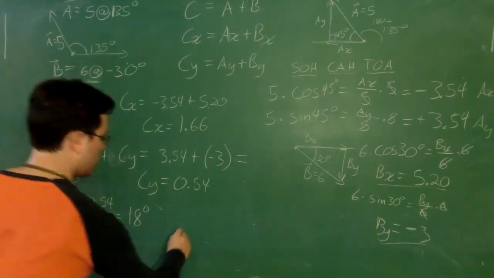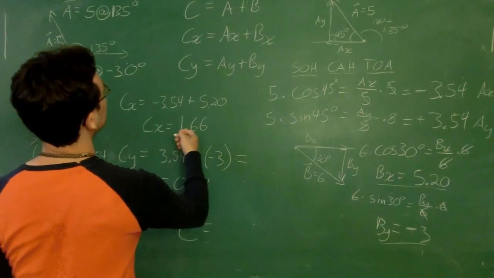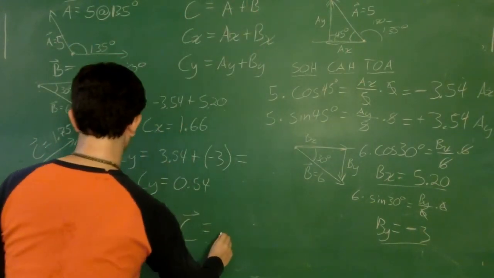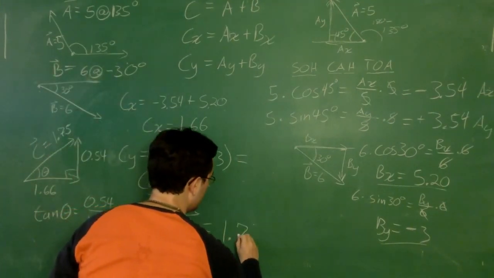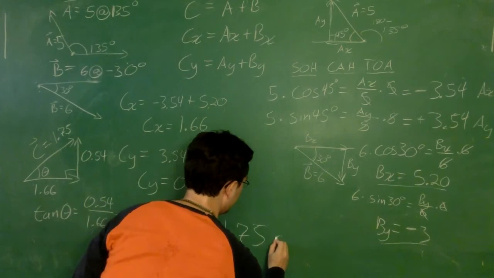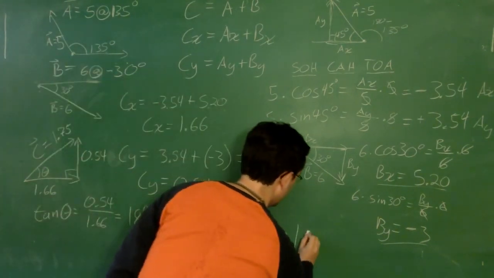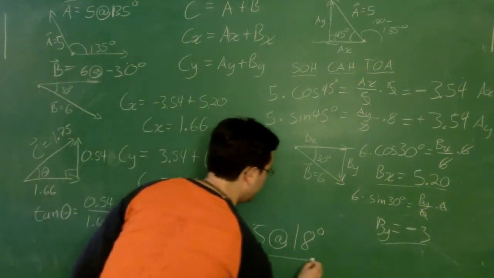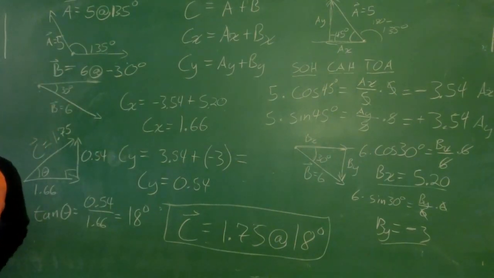Okay, so finishing up, I would describe that C, which is the sum of vector A and B, comes up to my total magnitude, 1.75, at my angle, 18 degrees, above the positive x-axis. And there we go.